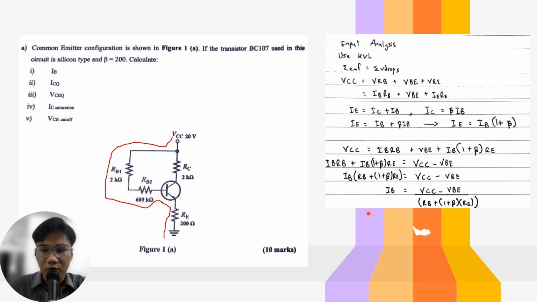The formula will become IB equal to VCC minus VBE divided by 1 plus beta multiplied with RE plus RB.